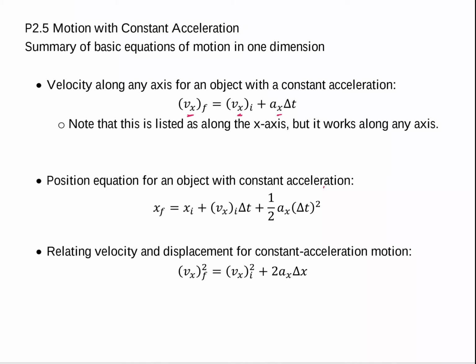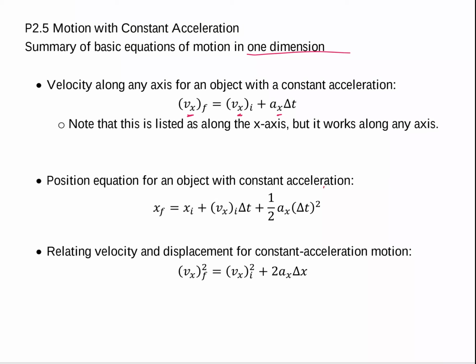So if I'm moving in two dimensions, then, as you will see, we'll break the motion into parts where we have an x direction part and a y direction part. Those parts are called components, which we'll get into. But for now, we're just moving in one dimension. So that's what we're worried about.